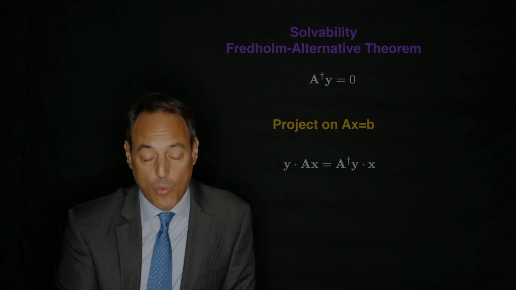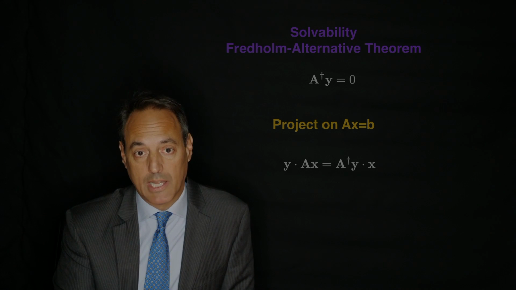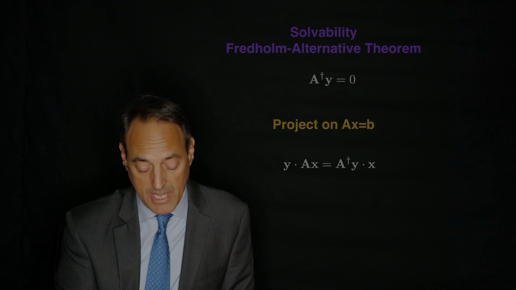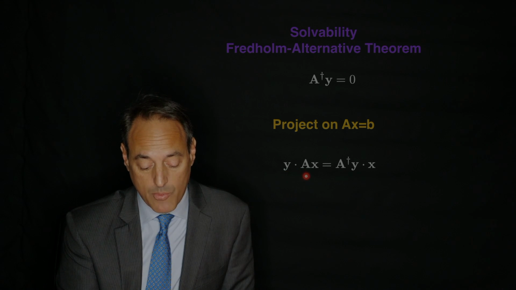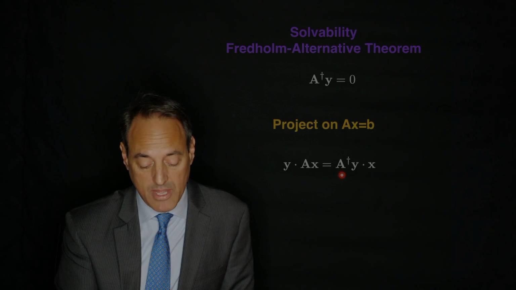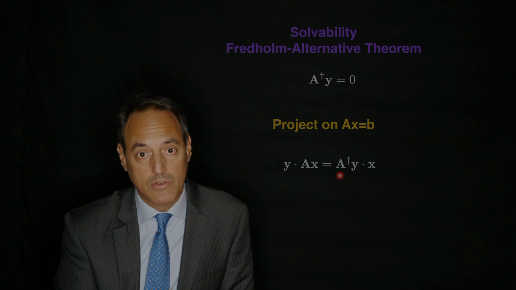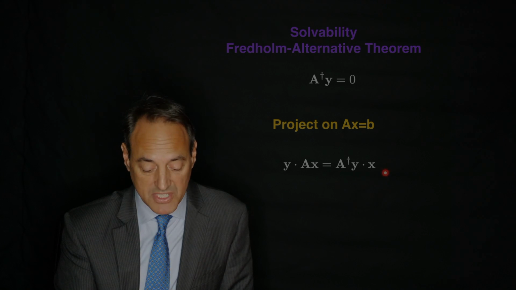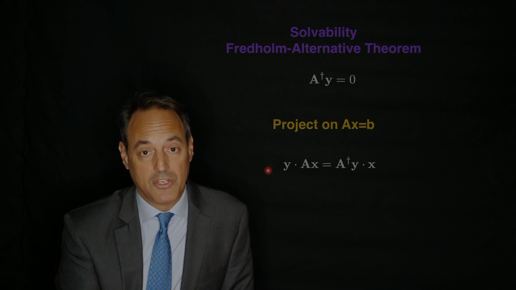And by the way, one of the things that I want to first highlight is the definition of this adjoint, which is if I have y dotted with Ax, the definition of that adjoint is that now A transpose y is dotted with x. So this is the definition of the adjoint.